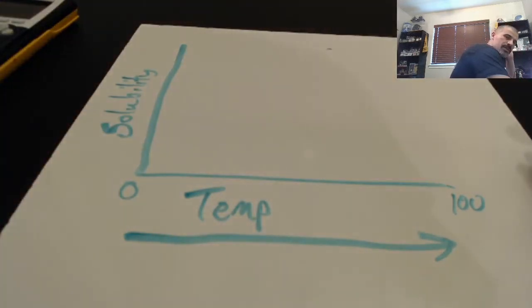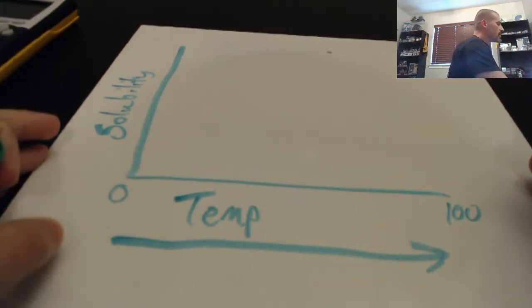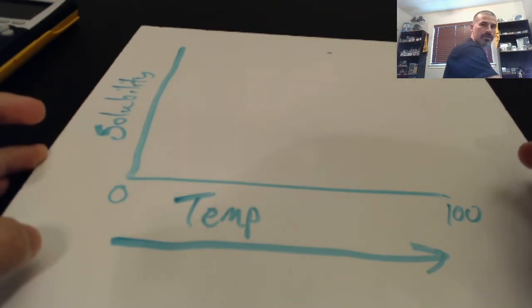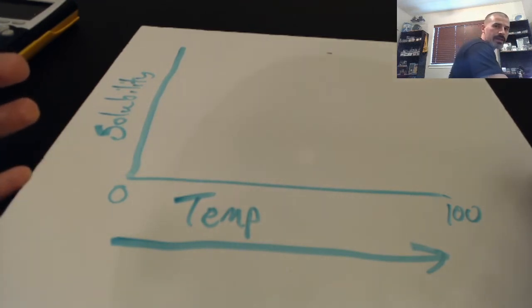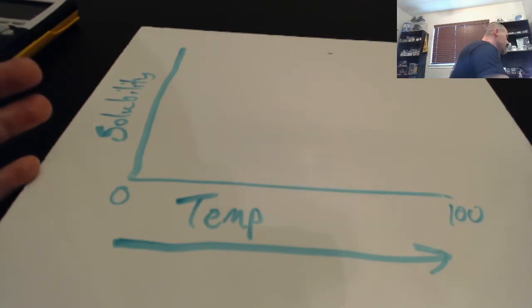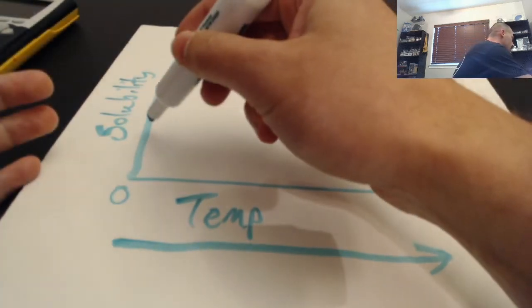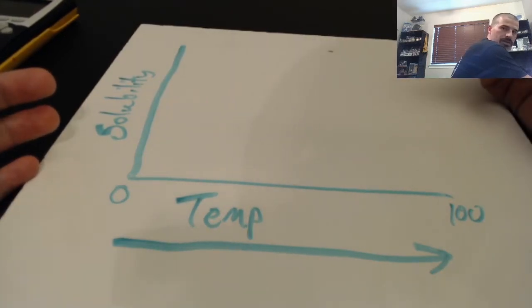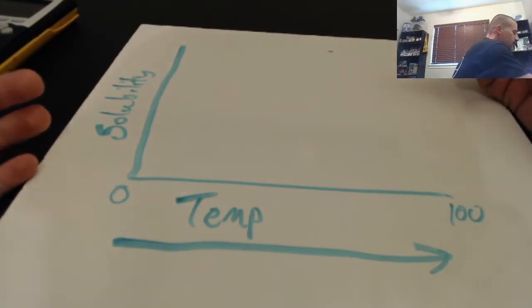Well, generally speaking, solubility of solids tends to increase as you increase temperature. Like the example in your notes, the solubility of sodium acetate. Generally speaking, you should get a line that's going up. Now, if that line is a straight line or a slightly curved line, it just depends on the substance.